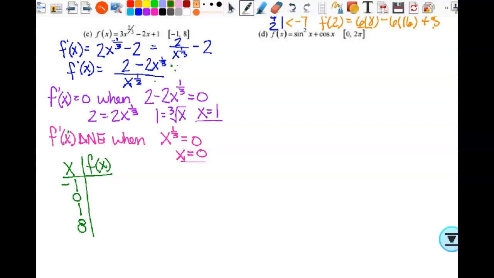Did that make sense? Do I need to say that again? Okay, I'll say it again. On all the other ones, we just set it equal to 0, right? And yes, if I set this right here equal to 0, that's basically all that's going to give me is when is the function equal to 0. Well, this is a rational function. For rational functions, when the numerator equals 0, the function equals 0.